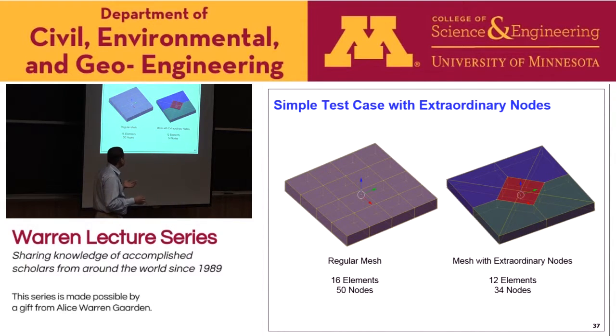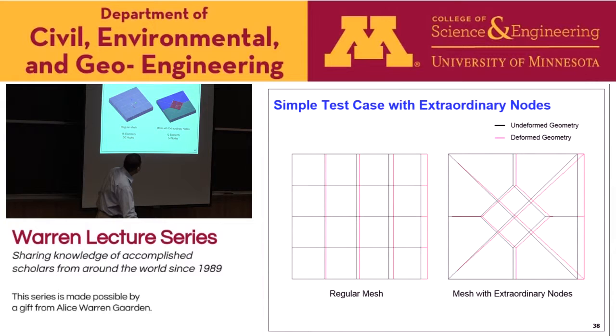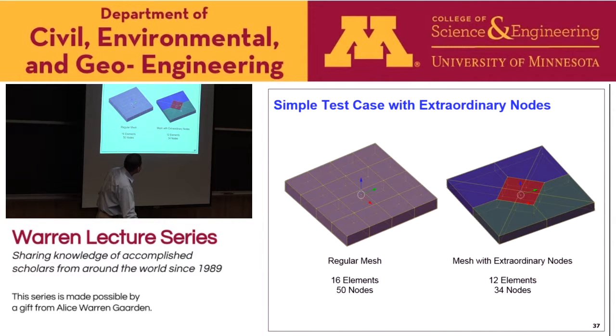The main thing to note is that it has 8 extraordinary nodes, along the 4 corners of the square, and at the bottom where 3 elements come together. You wouldn't do this in real life because it is way more complicated, but this tells us what kind of errors we can expect with the introduction of these extraordinary nodes.